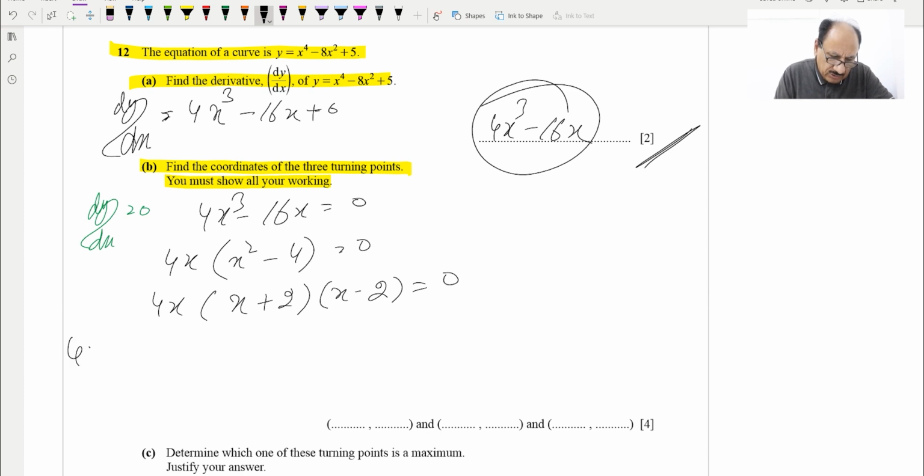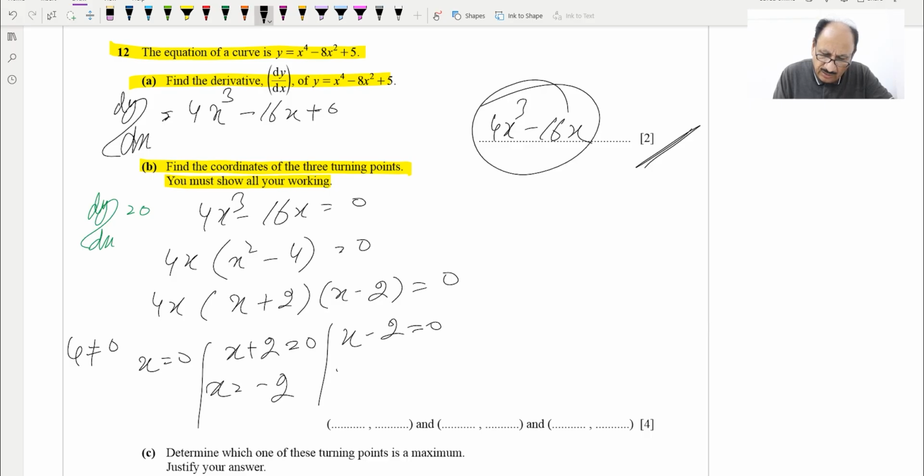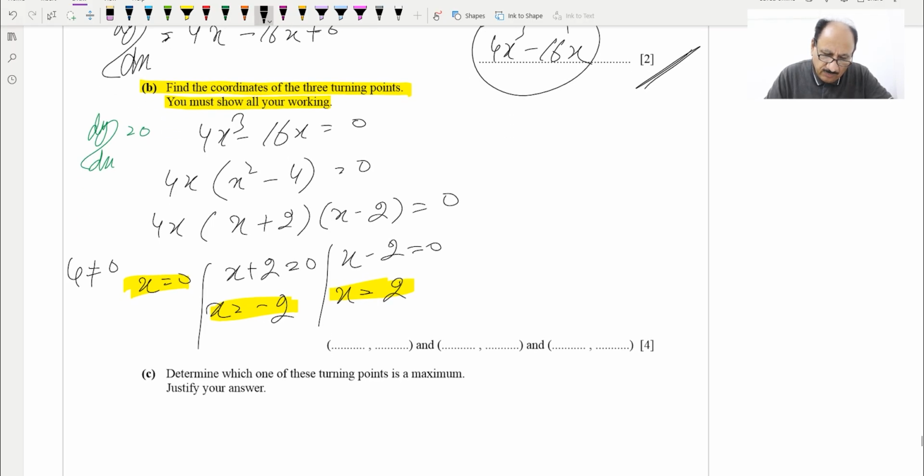So 4 is not equal to 0, so x is equal to 0, or x plus 2 is equal to 0, or x minus 2 is equal to 0. So we'll write x is equal to minus 2 and x is equal to 2. So there will be 3 solutions, 1, 2 and 3. This will be x is equal to 0, x is equal to minus 2, and x is equal to 2.